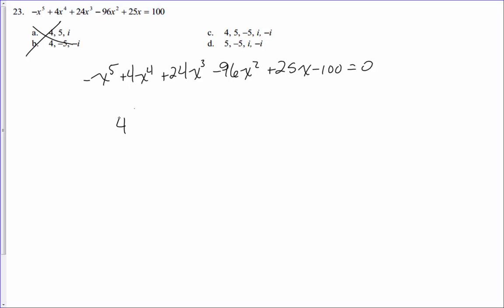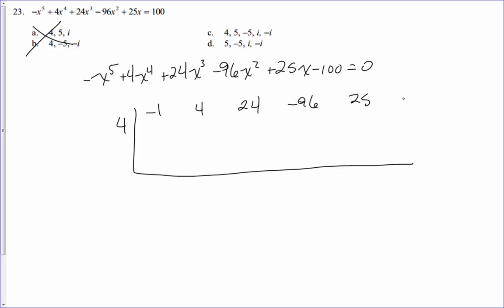So let's put a 4 out front and run our synthetic division. So we have negative 1, 4, 24, negative 96, 25, and negative 100. So negative 1, so that is negative 4, so that's 0, so that's 0, so that's 24, so that's 96, so that's 0, so that's 0, it's 25, that's 100.